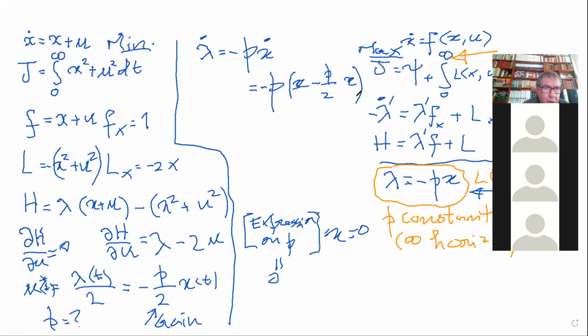Okay? Now, what about lambda dot? Where can I go and look for lambda dot? Is there any equation for lambda dot?